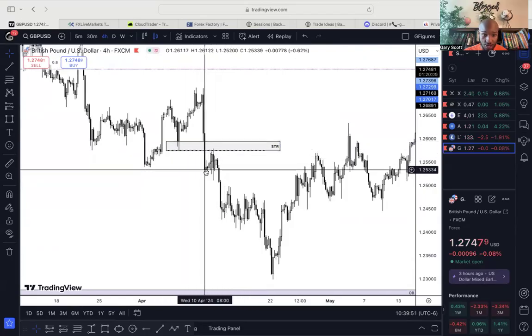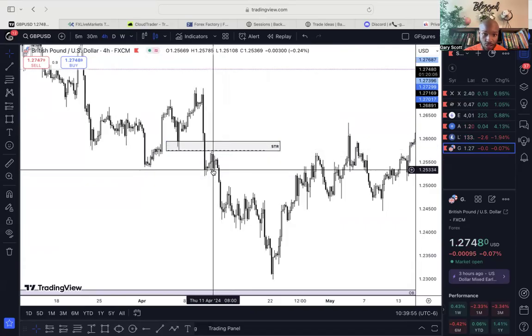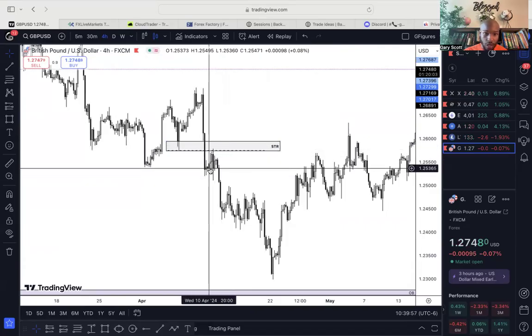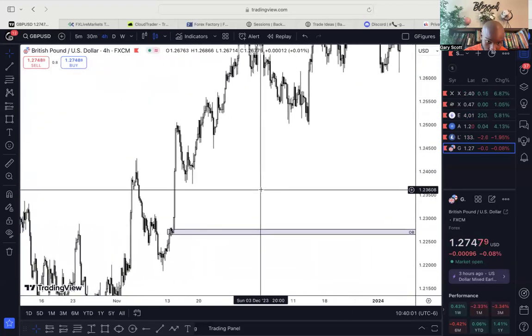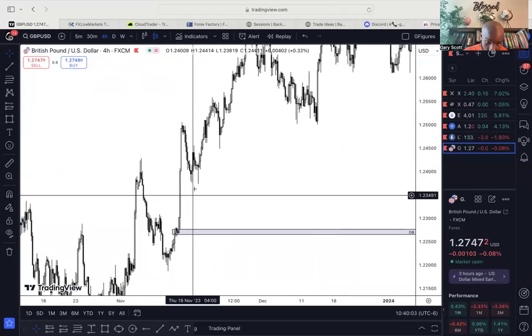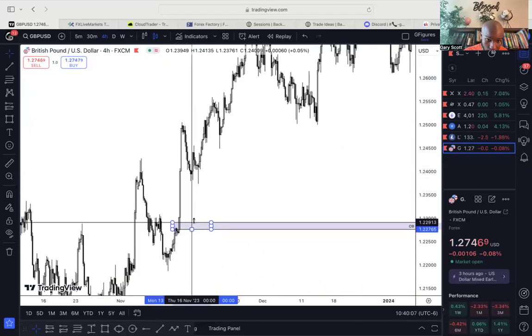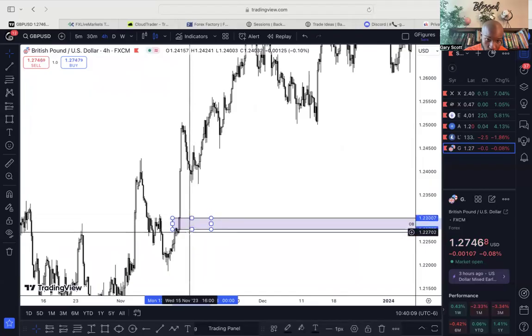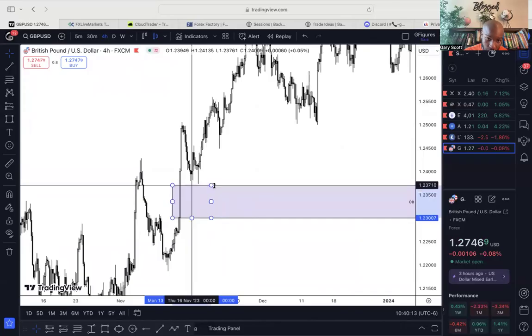You got your break of structure, you got your retest back to your area of value, then you got your candlestick. I also know that there's a fair value gap level here. So even if I don't want to go for this order block, I can go for this fair value gap. Price came right back to this level.